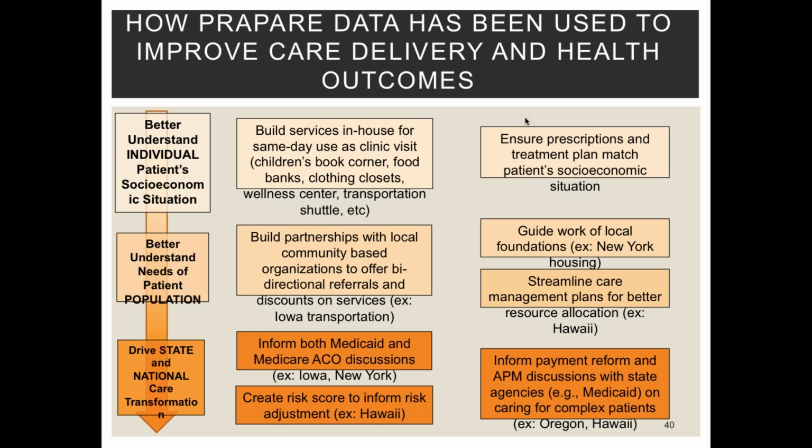So we really have a ton of examples so far from our pilot work about how they have been able to approach the community, but also the state level with concrete data on what the barriers are and how to address them.